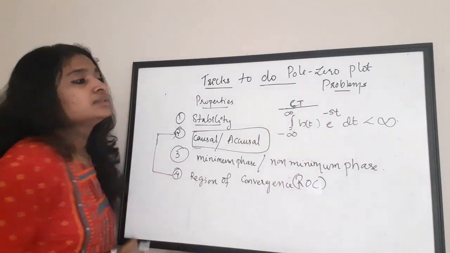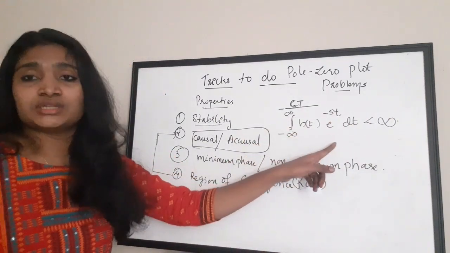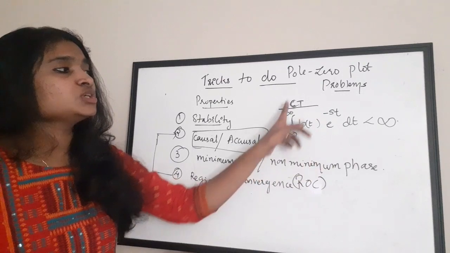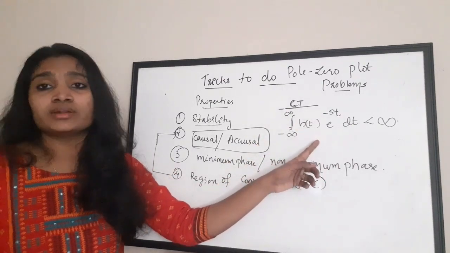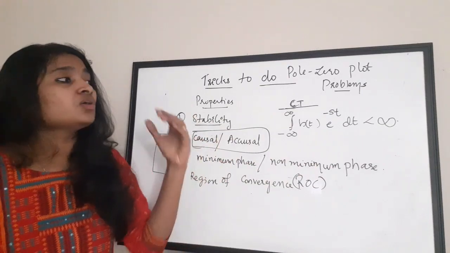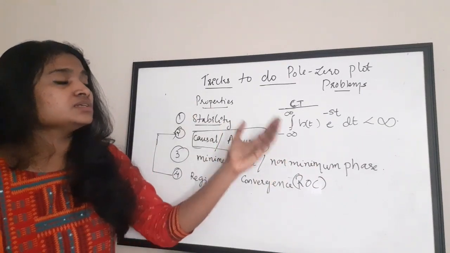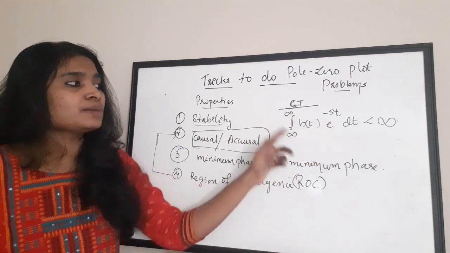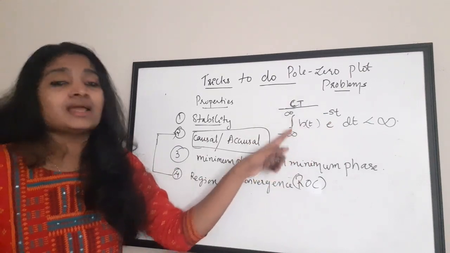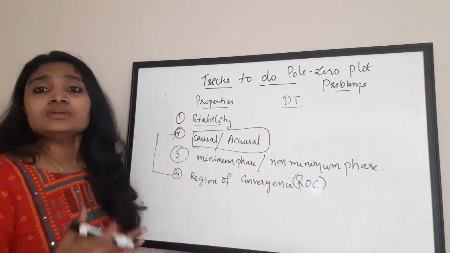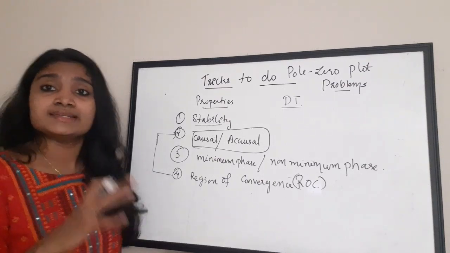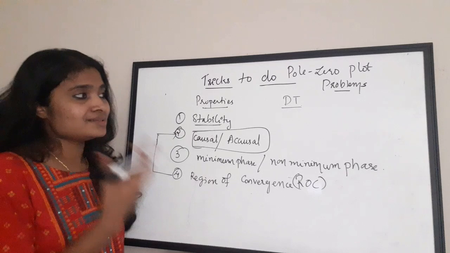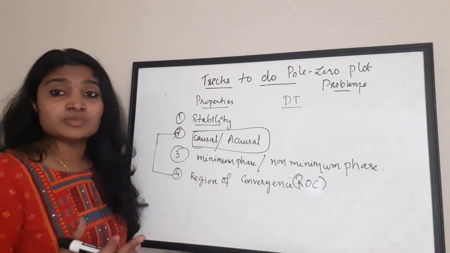The region of the pole zero plot in which this condition is satisfied is called the region of convergence, that is, where the Laplace transform exists. Now let us see the ROC for a discrete time system. As we said earlier, what transform does a discrete time system use?